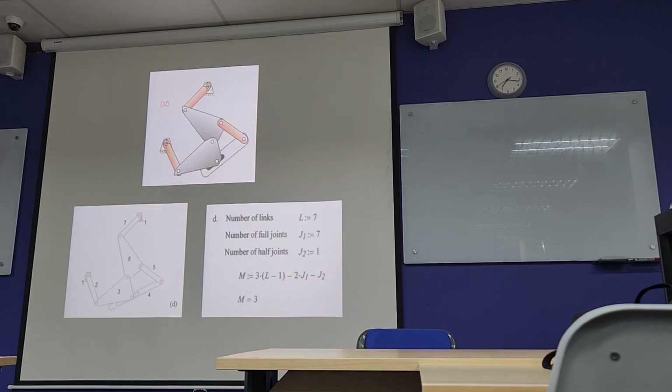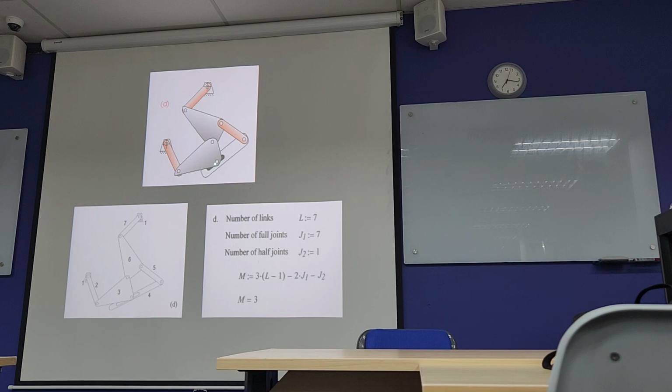Alright, so the second one, number of links: ground is link 1, link 2, link 3, link 4, link 5, link 6, link 7. So there are 7 links. Links is the total number. Joints can be full or half.